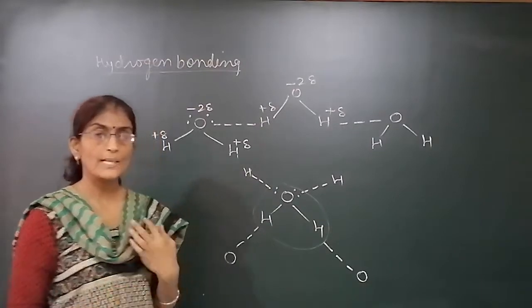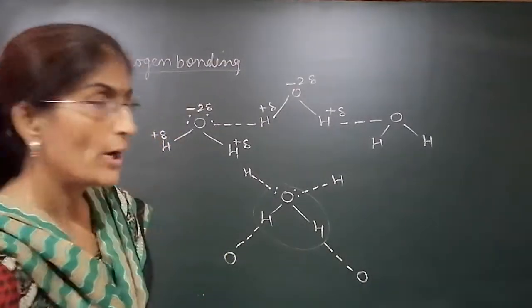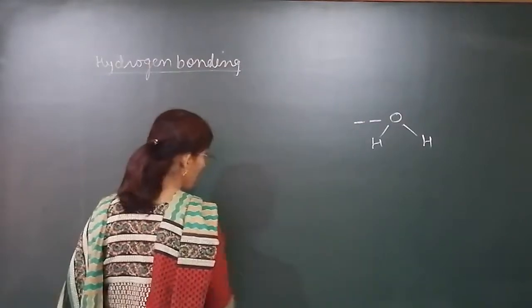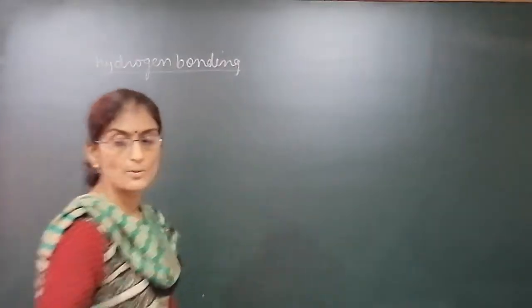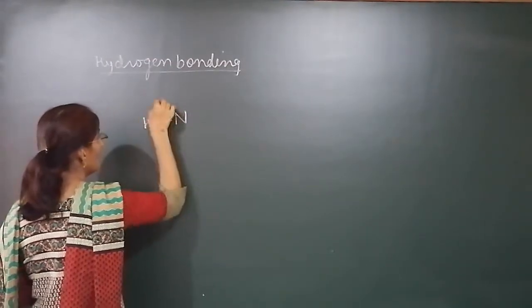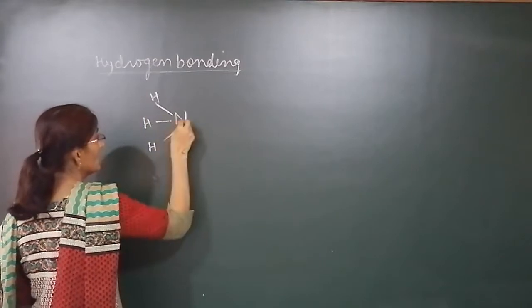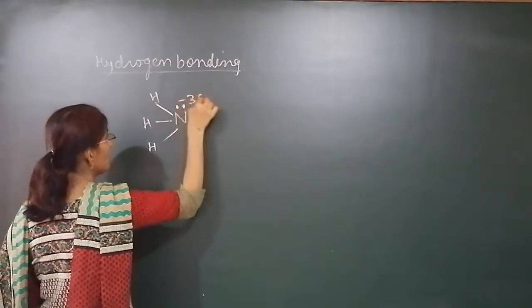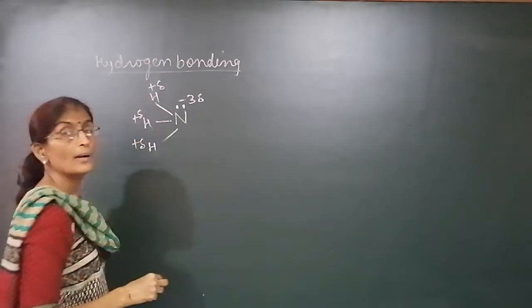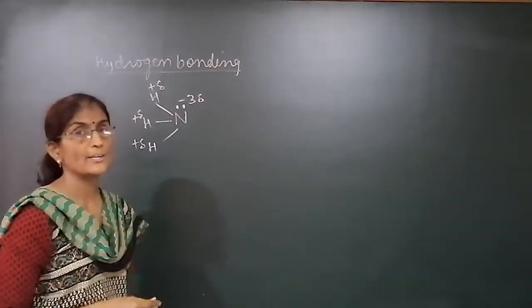Clear? Third example in which hydrogen bonding is present is ammonia, NH3. I told you 3 elements form hydrogen bond. So in ammonia what will happen? This is one molecule of NH3. Nitrogen is partial negative. These hydrogens are partial positive because they are electropositive and nitrogen is electronegative.